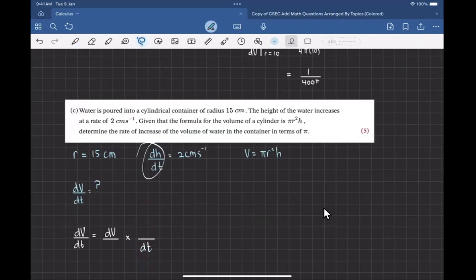So I would not use R, even though I have R. I wouldn't use R because R is a constant and R remains the same. Like if I pour water into a cup, the radius will not change. The height is what will change. The radius will not help me. Awesome. Do we have the dH dt?